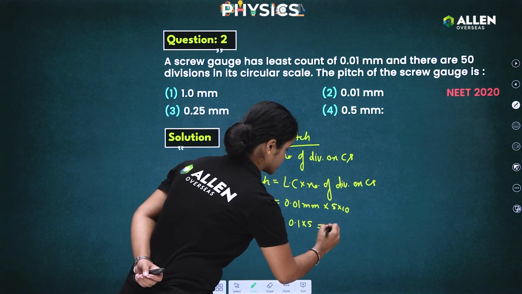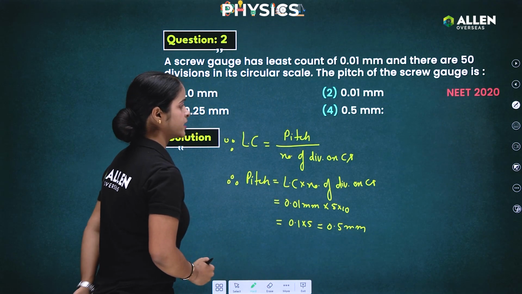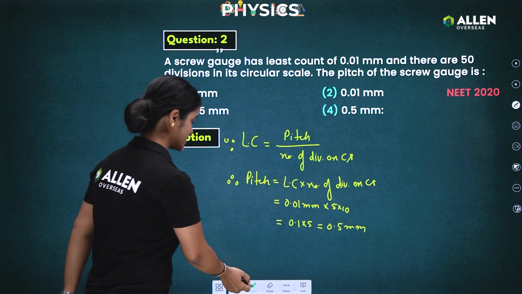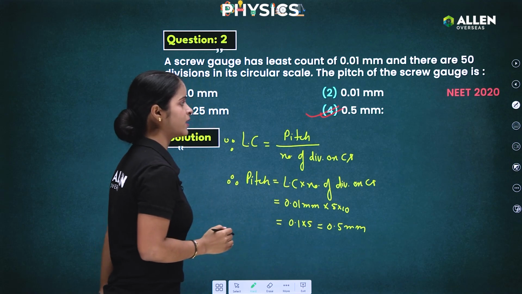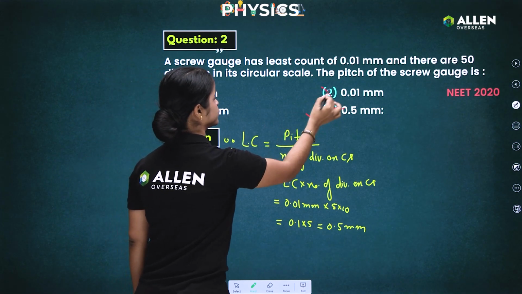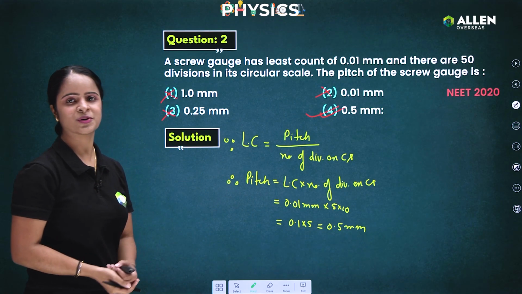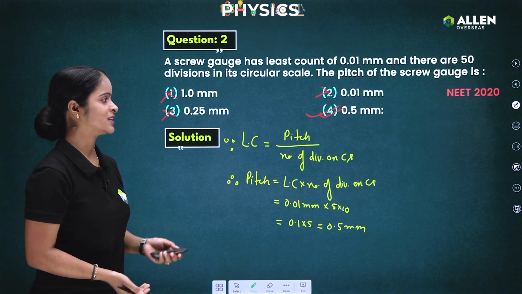So in the next step, it is coming 0.5 mm will be the correct answer. And the same thing you can see here, it is given in our option number 4, that is 0.5 mm is the correct option. Therefore, options 1, 2 and 3 will be the wrong options. Hope it is clear to you. So let's move ahead to the next slide.